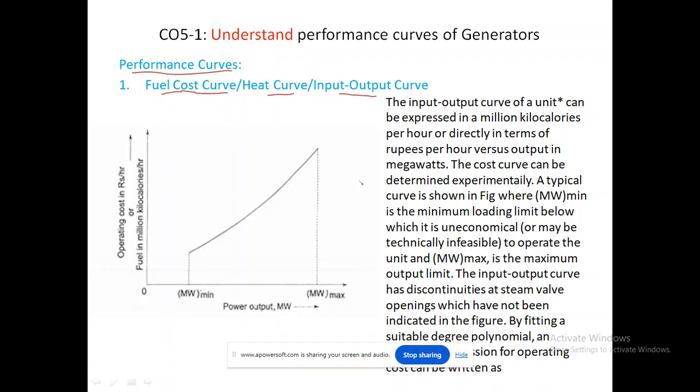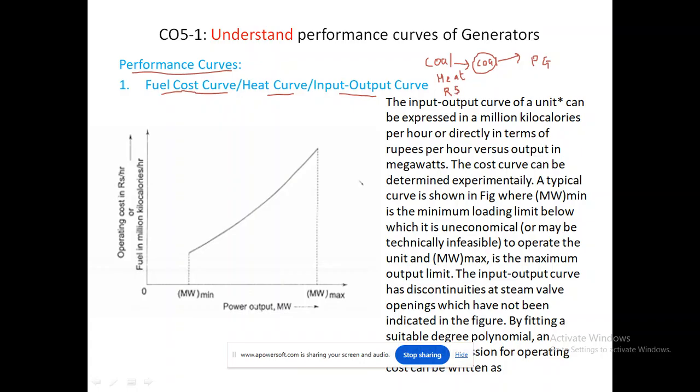Now here it is shown. Suppose we have a generator. I am considering a coal-based or thermal power plant. The input is the coal, and the output is the electrical power, P. Now for the coal, you can take the heat of the coal that is burned as an input, or the cost of the coal in rupees.